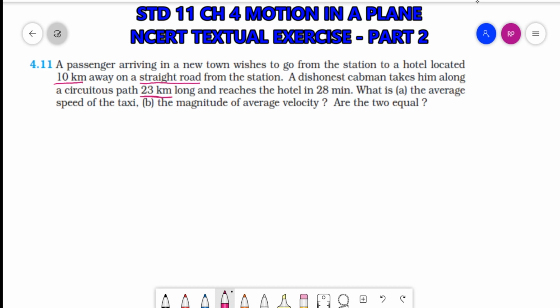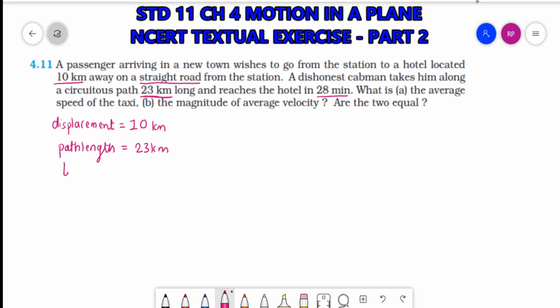Long, and reaches the hotel in 28 minutes. The time taken is 28 minutes. What is A, the average speed, and B, the magnitude of average velocity? So I will write down here displacement equal to 10 kilometer and path length is equal to 23 kilometer.